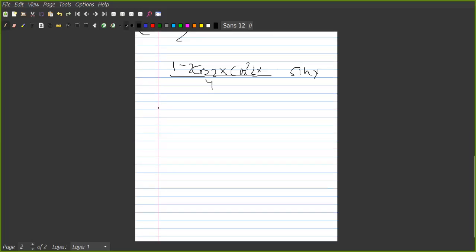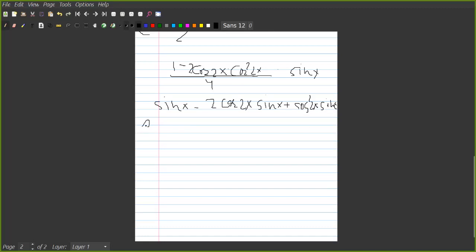So we have sine x minus 2 cosine of 2x sine x plus cosine squared of 2x sine x.